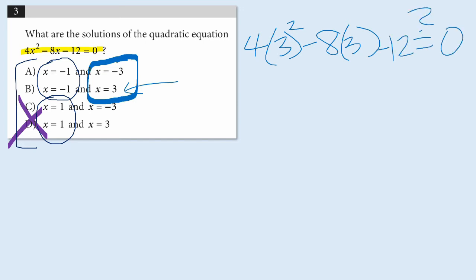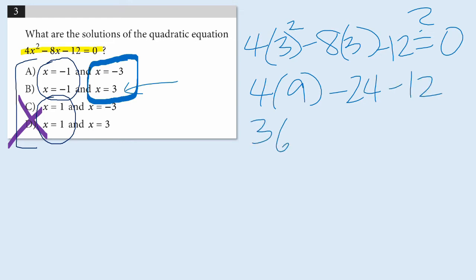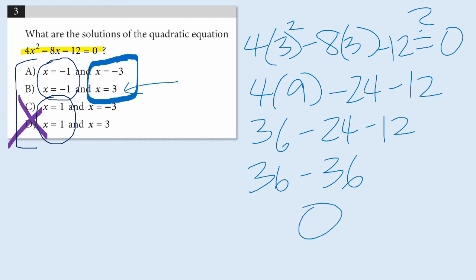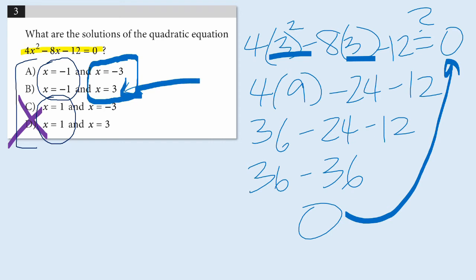So I have 4 times 9 minus 24 minus 12, which is 36 minus 24 minus 12, which is 36 minus 36, and 36 minus 36 is 0. So I know that substituting in x equals 3 makes the equation true. So at this point, I know that B is the answer.